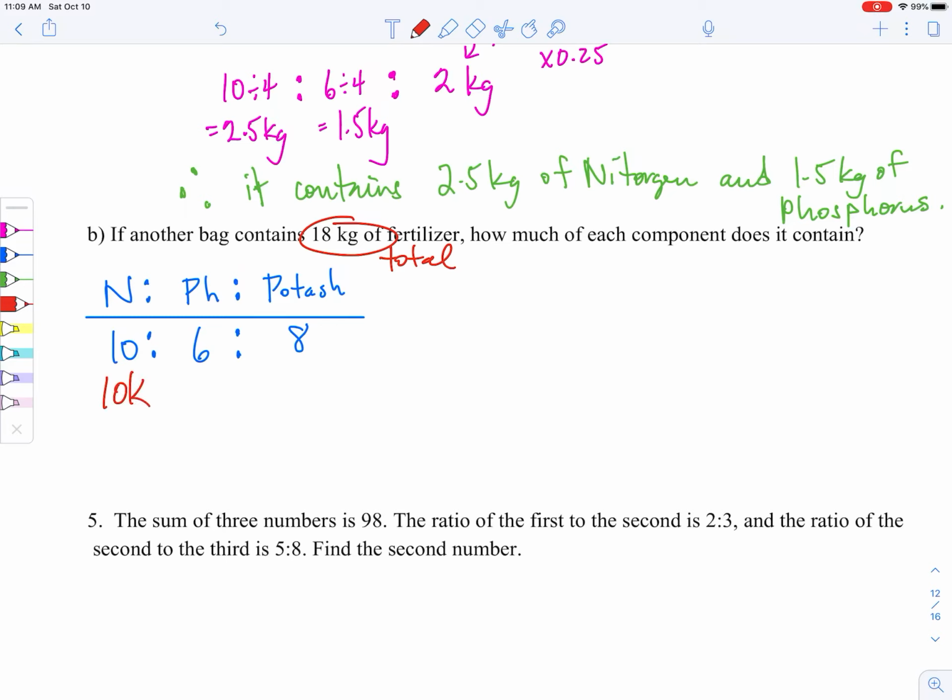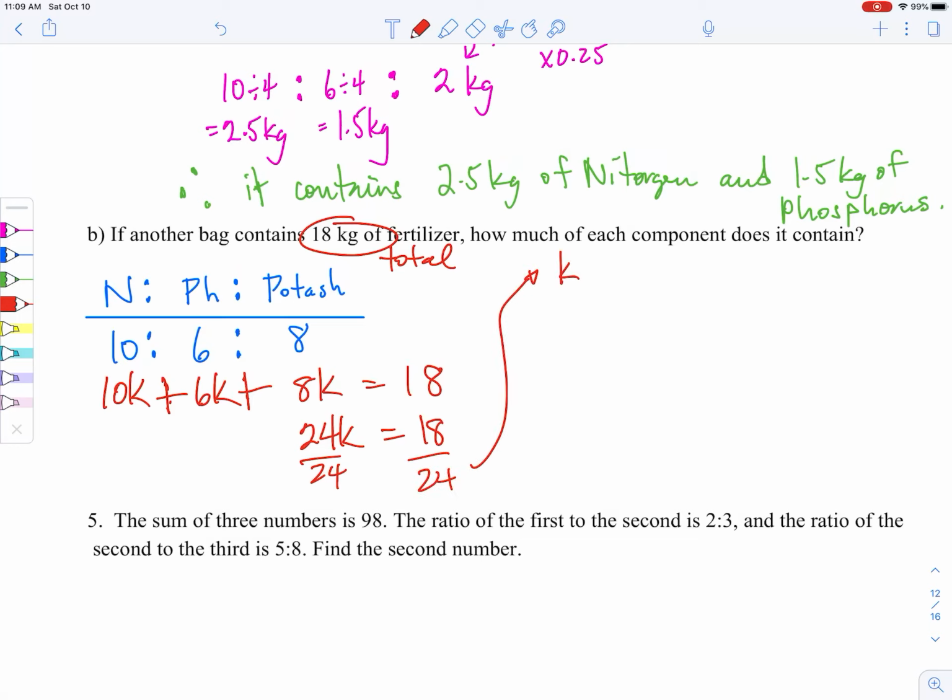So I could write that as 10K, 6K, and 8K. But we know that all together, when we add these parts, we get 18 kilograms. So 10K plus 6K plus 8K gives us 24K. So 24K equals 18. Divide both sides by 24. And that gives me K. K equals 0.75.